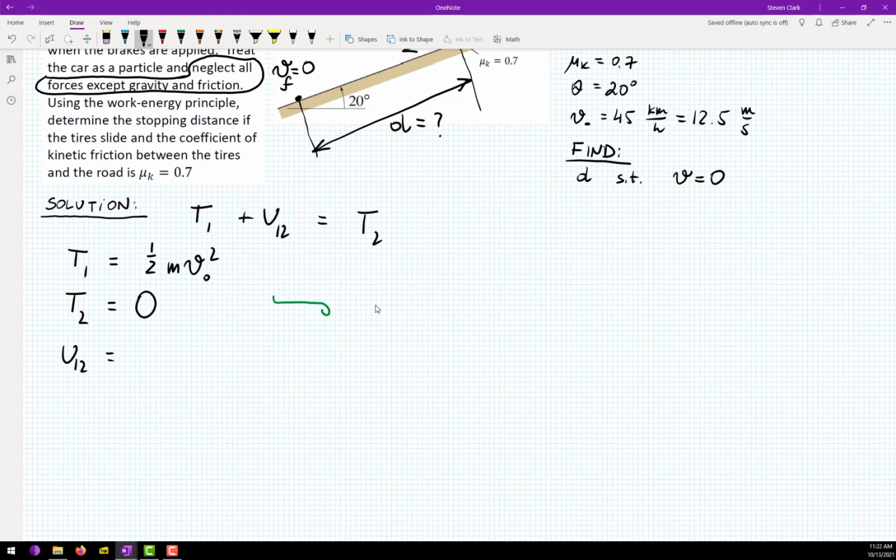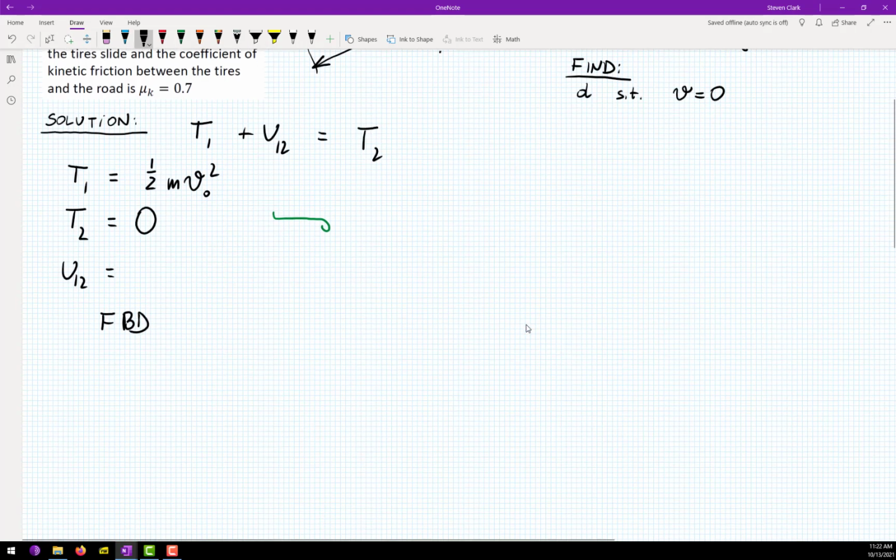Before writing down U12, let's draw the FBD. We have these forces acting on our system. We have mg, because they told us to include it. We have friction, and they told us to neglect the normal force, but I will include it.